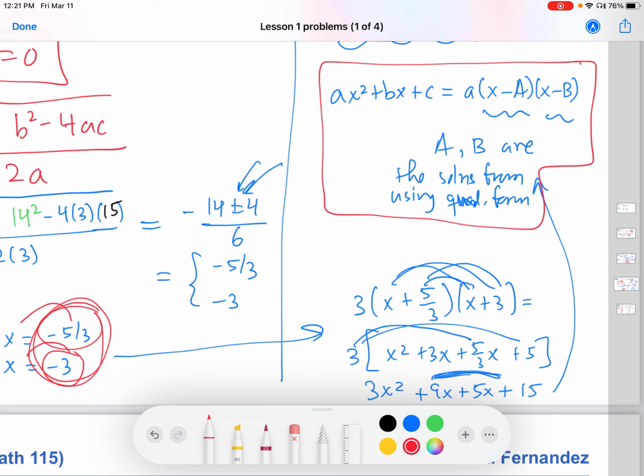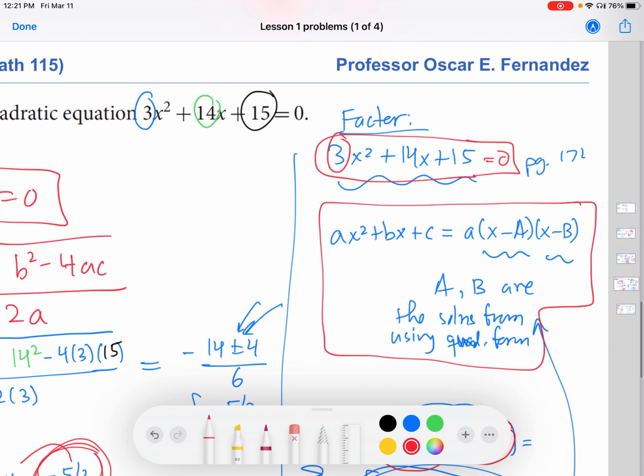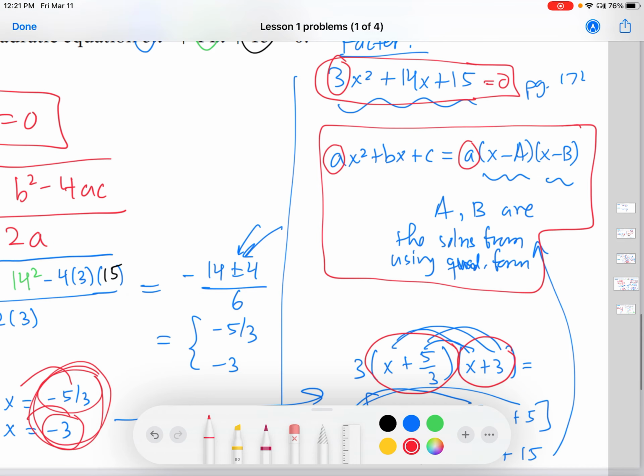Move them over to create the linear factors, and then multiply those linear factors by the coefficient of x squared. When you do that, you will have obtained your factorization. The expression you started off with will be equal to the coefficient of x squared times x minus the first solution from the quadratic equation times x minus the second solution from the quadratic equation.